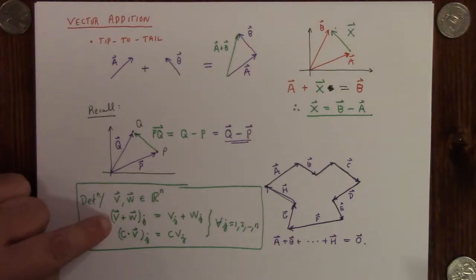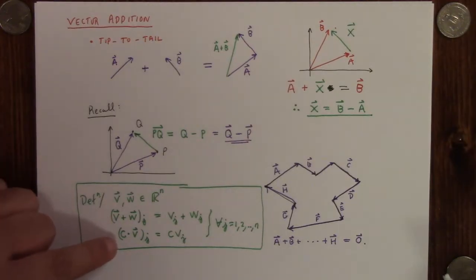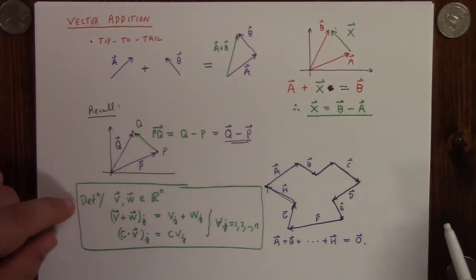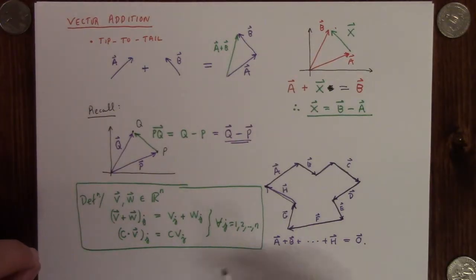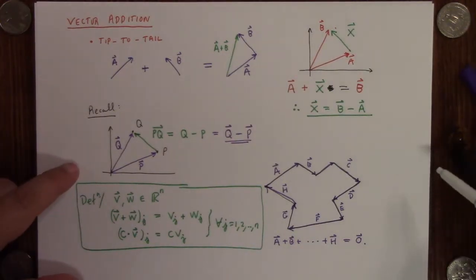So I've already discussed geometrically what vector addition means. Scalar multiplication is just what it sounds like. It rescales the vector. So if I was to take v and then look at 2v, it's a vector that's the same as v but twice as long, right? I'll draw over here in the margin.